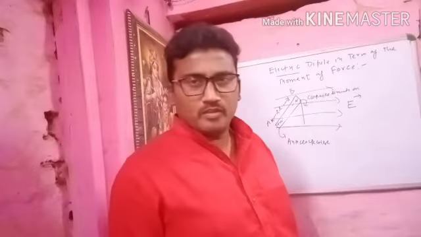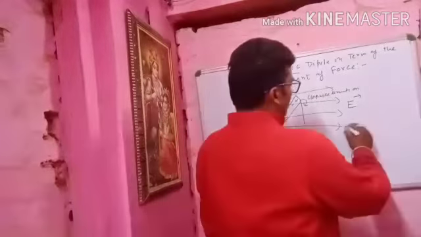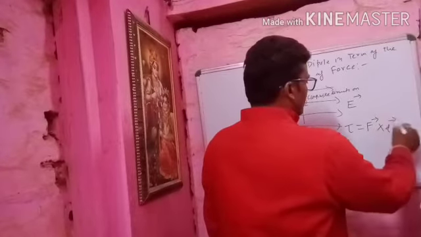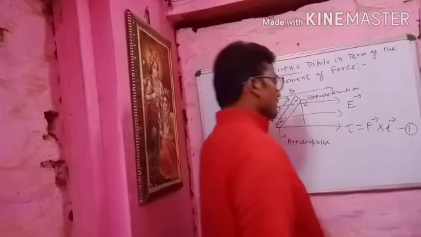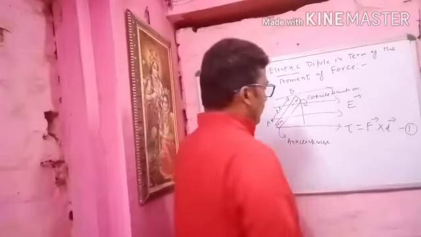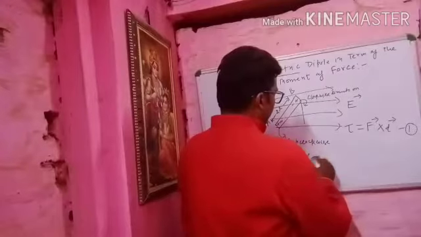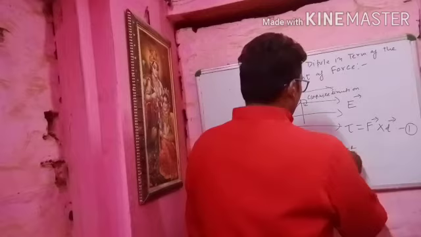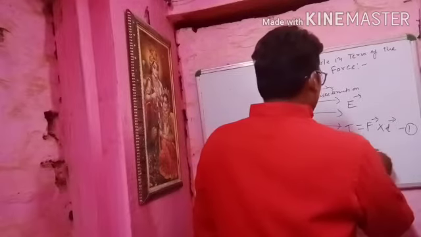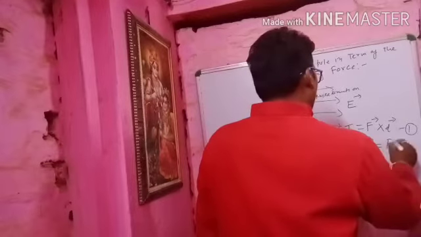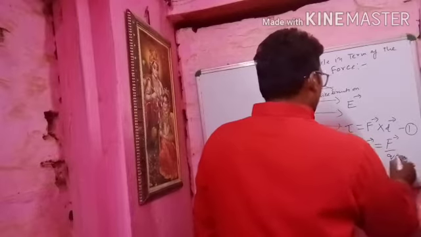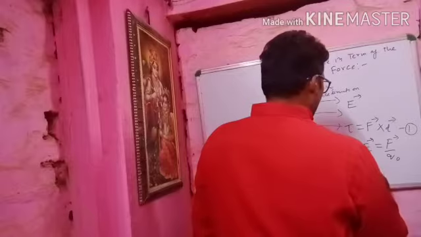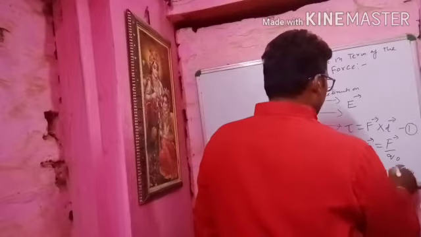We know the relation of the torque: tau is equal to vector F into vector D. Equation 1. We also know that the electric field E is equal to force F upon q naught, so the force F is equal to q naught E. Equation 2.